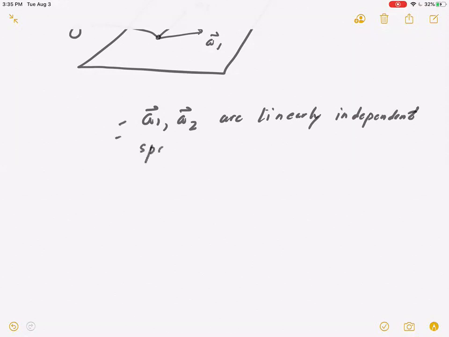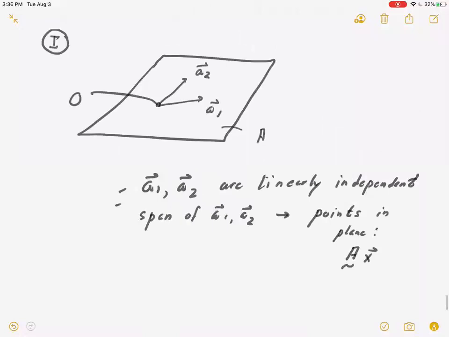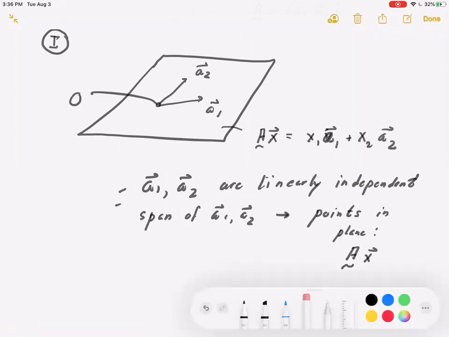If you take linear combinations of A sub 1 and A sub 2, they generate all the points in the plane given by the matrix A times the vector X. So that's a new way of describing this plane. It is, after all, just a linear combination of A sub 1 and A sub 2. Let's clarify that a little bit.